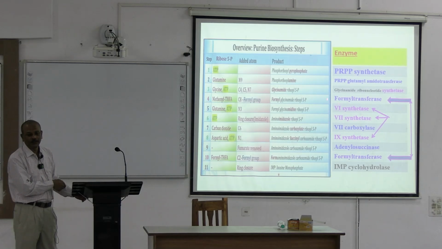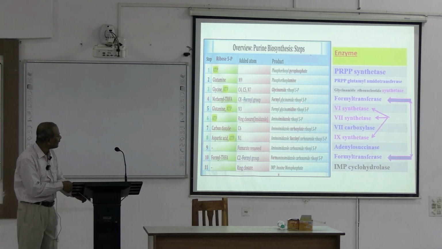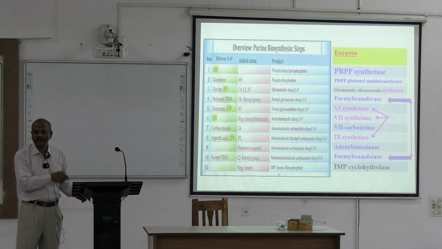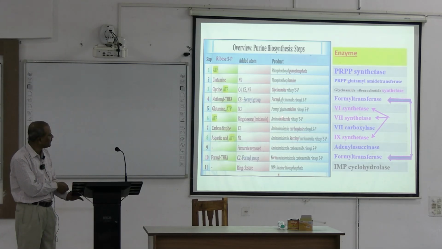That's why it is called formyl glycinamidine, not amide. First stage is amide, second stage is another amino acid. So that's why it is called glycinamidine. Remember, don't get confused. Look at the book very carefully. You will see the difference in the spelling.